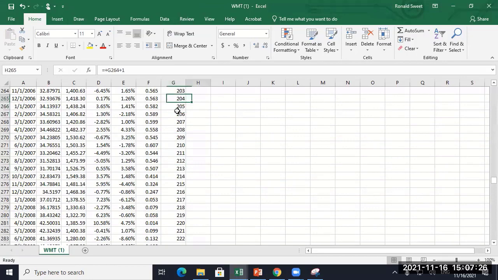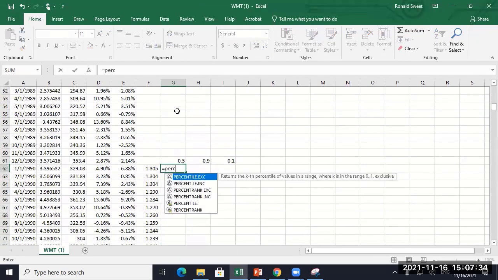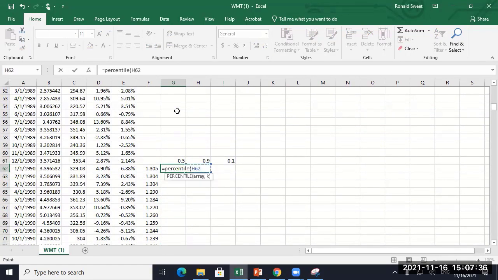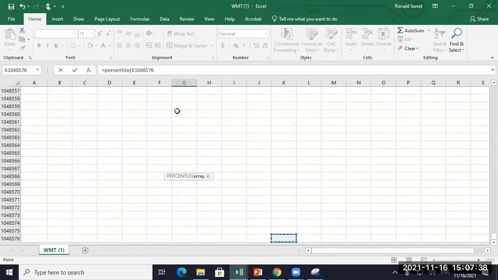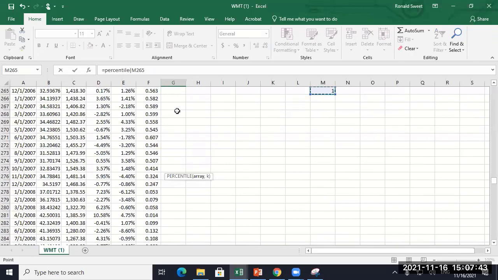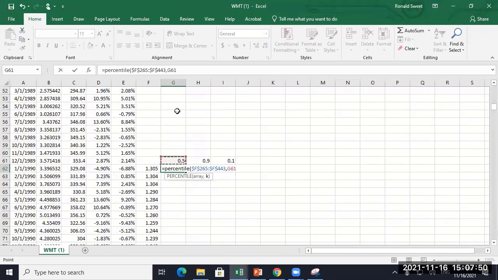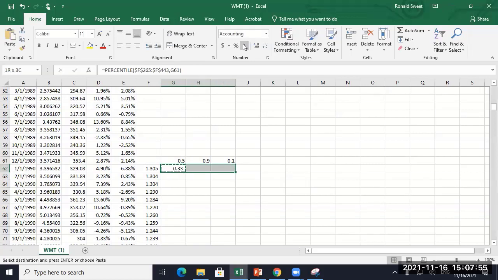So I'm going to start 2006. It's going to be my point. So when I do the percentile, I'm actually going to do it from 2006. So I'm going to take the percentile. So the 90th percentile from that date.